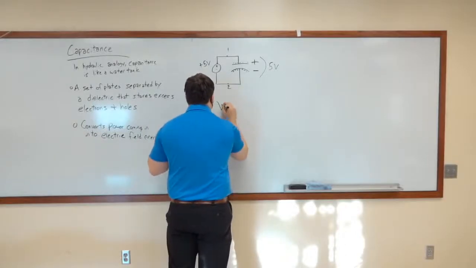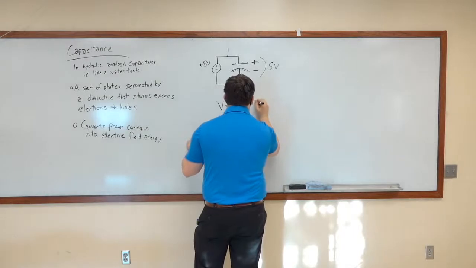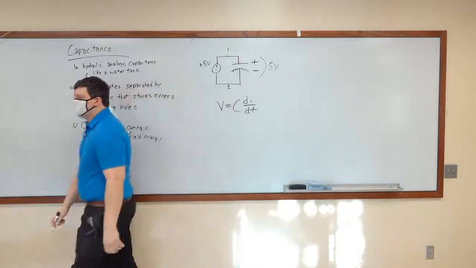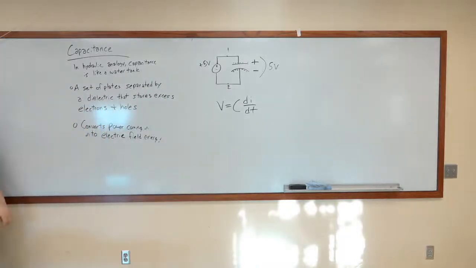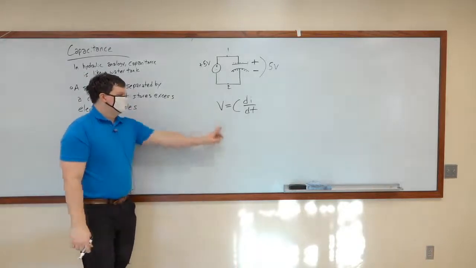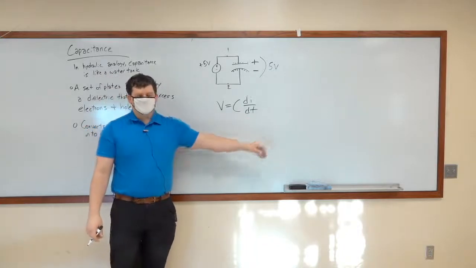The relationship between voltage and current in a capacitor is given by V equals C di dt. Voltage is equal to the capacitance multiplied by the derivative of the current.